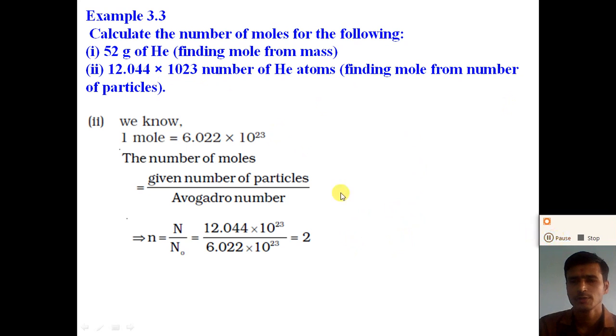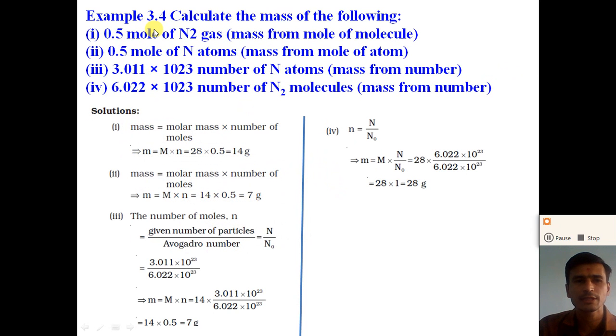So now dear student, we will take a similar example. Example number 3.4. Calculate the mass of the following. 0.5 mole of nitrogen gas. So how can we calculate the mass from the mole of molecules? Second one is 0.5 mole of nitrogen atom.